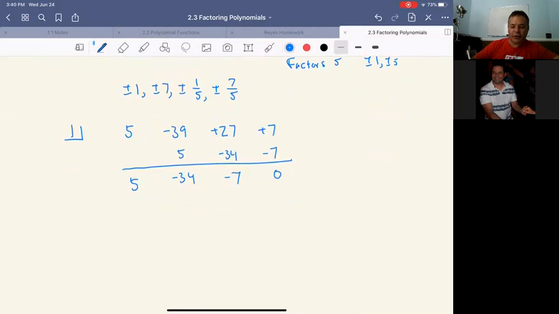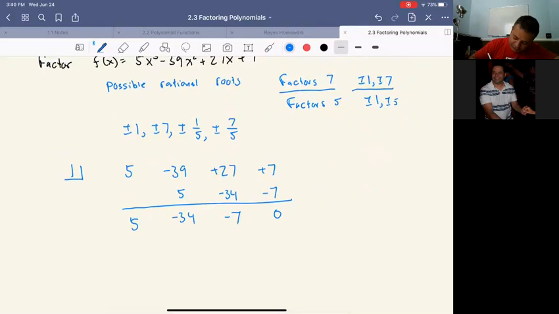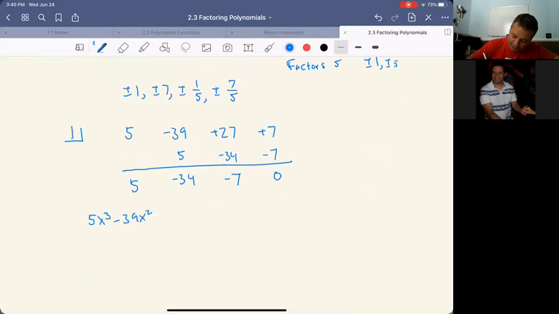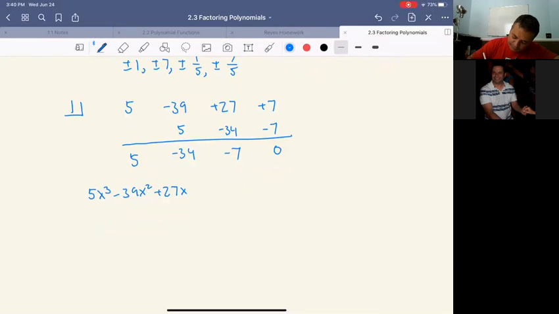Okay. So we get our original 5x cubed minus 39x squared plus 27x plus 7 equals x minus 1 times 5x squared minus 34x minus 7.